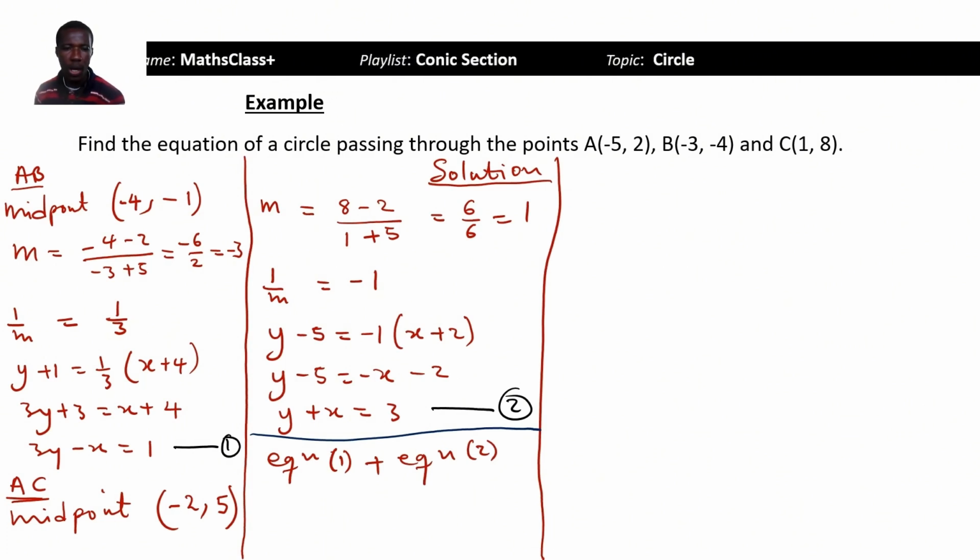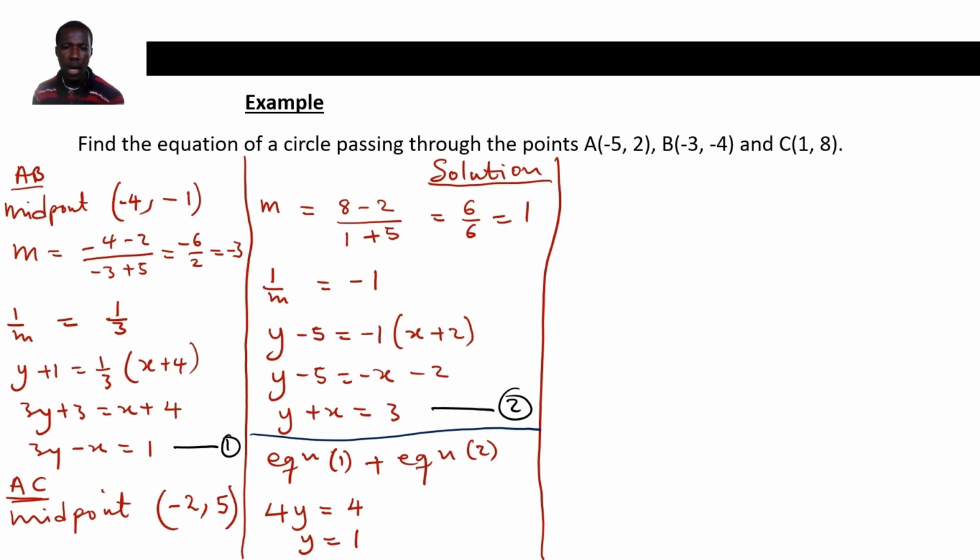When I take the y component, I'll have 3y plus y, which gives me 4y. Then when I take the x component, I'll have x minus x, so the x component will go away. And then this will be equal to 1 plus 3, which is 4. So my y will be equal to 1.